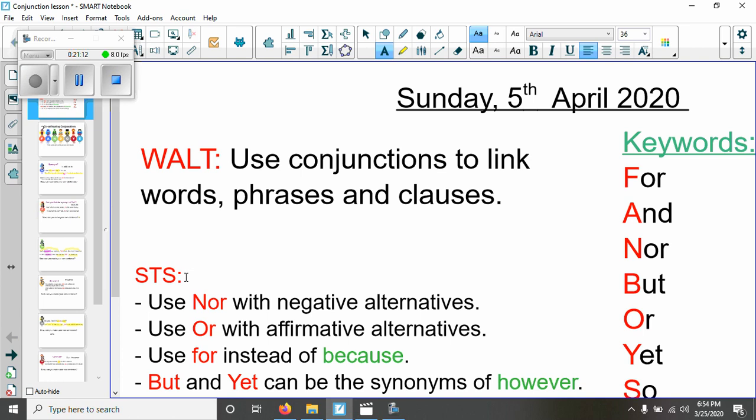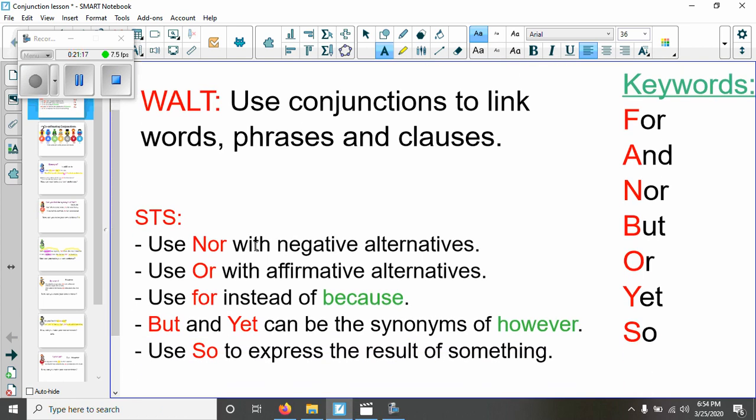And of course, you're free to go to the success criteria as we know it, or the steps to succeed. Let's take a look at it. Use nor with negative alternatives or options. You have two negative options, like she doesn't like apples, nor does she like bananas. We use or with the affirmative, positive, not negative. Nor and or are opposite.